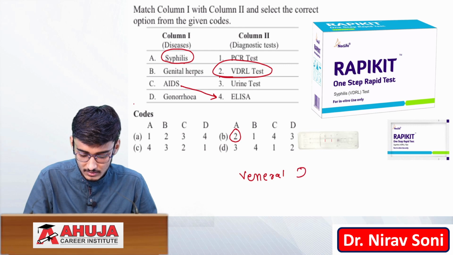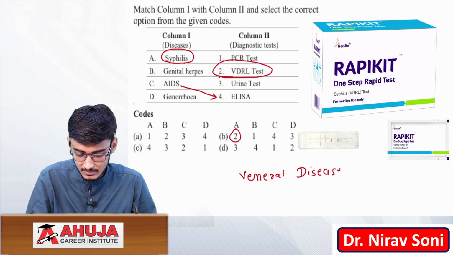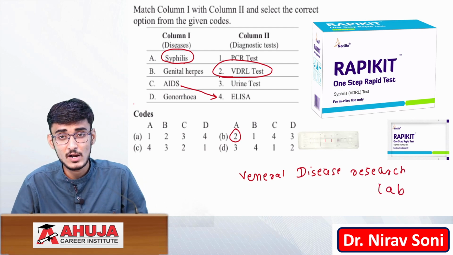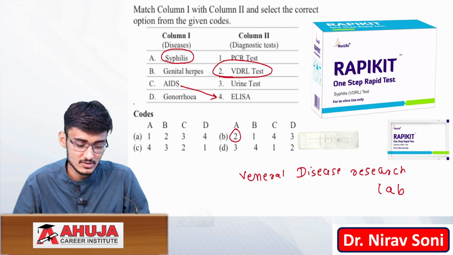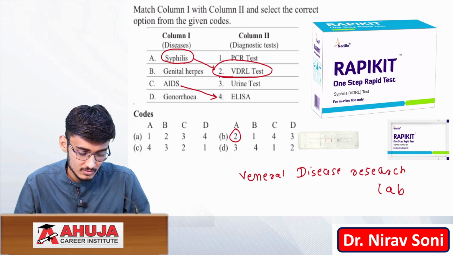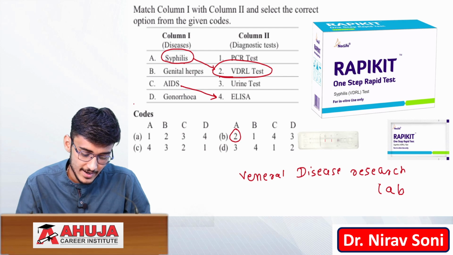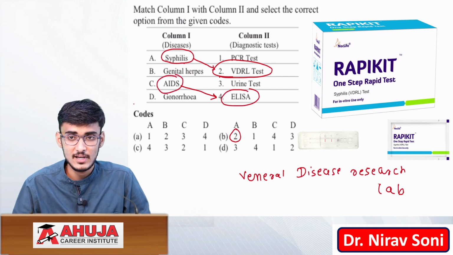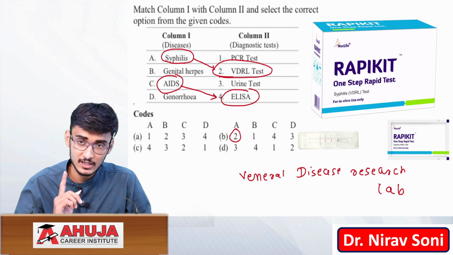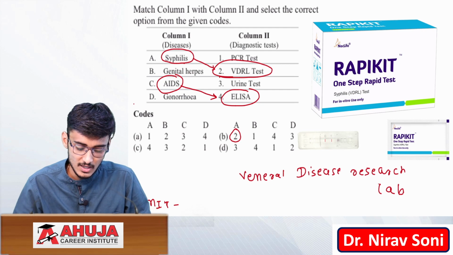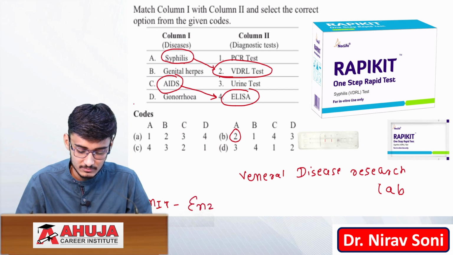It is used for identification and diagnosis of syphilis. For AIDS, the ELISA test is used. Full form of ELISA, enzyme linked immunosorbent assay. Another technique is also used, called AMIT, enzyme multiplied immunoassay technique.